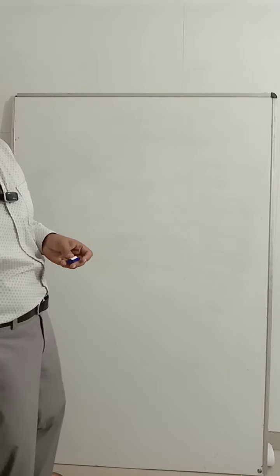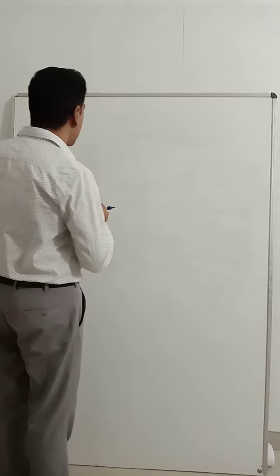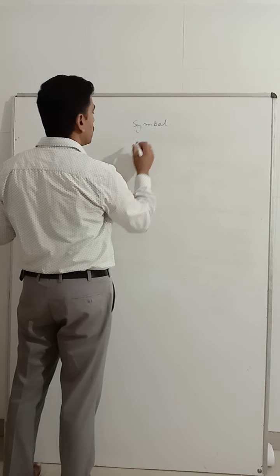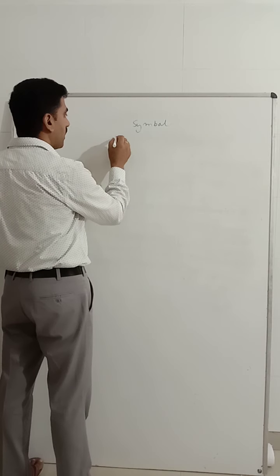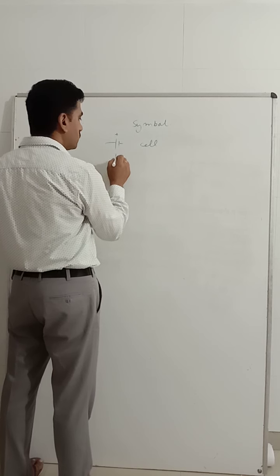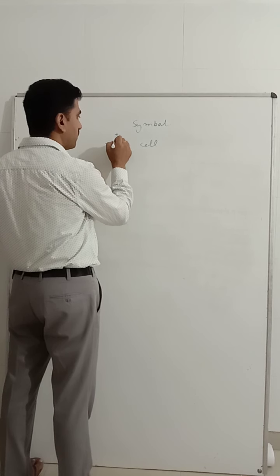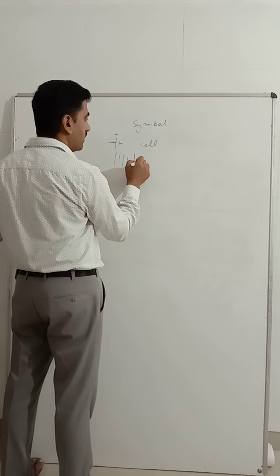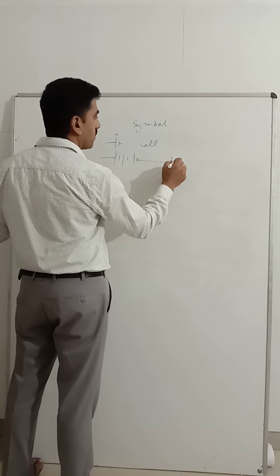The next thing I am going to tell you about is the different types of symbols which we are using. Right now I have shown you the cell. This is your symbol of cell. If many cells are connected together, with the big line showing positive, then negative, alternately, this is called a battery.